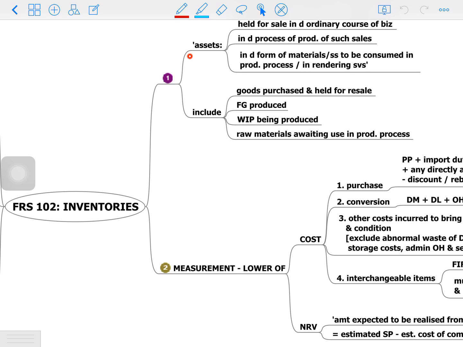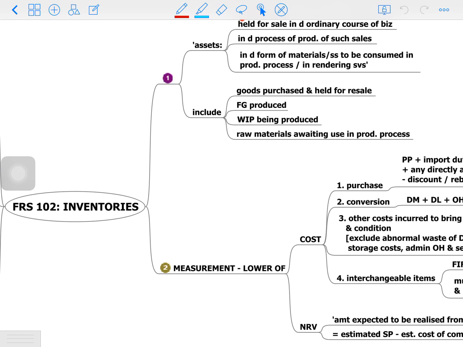And if you are in the business of selling timber, then your timber will become your inventories. So this is inventories in the ordinary course of business.